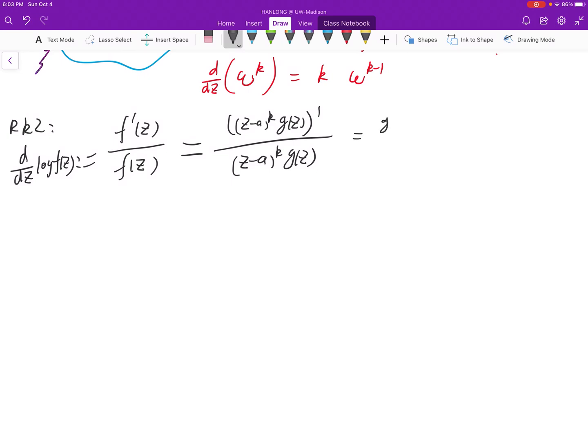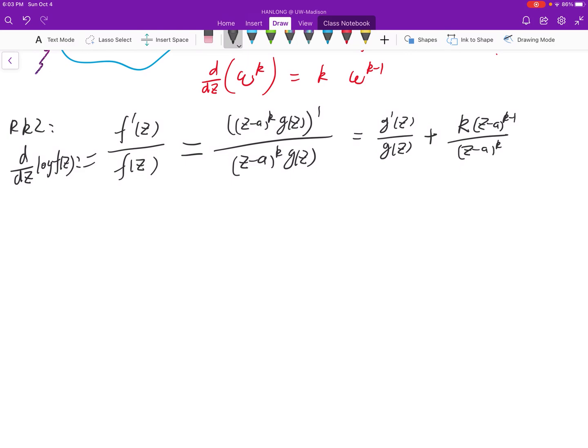Then you have g'(z) over g(z) plus k (z minus a) to the k minus 1 divided by (z minus a) to the k's power.